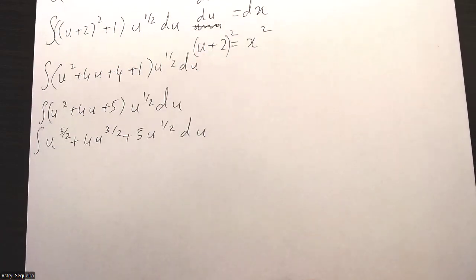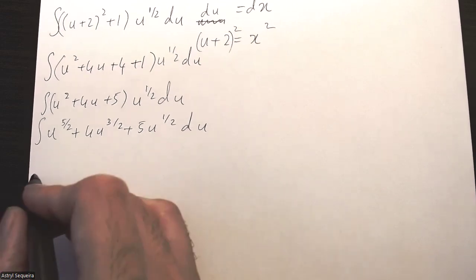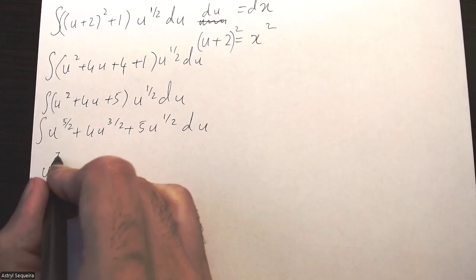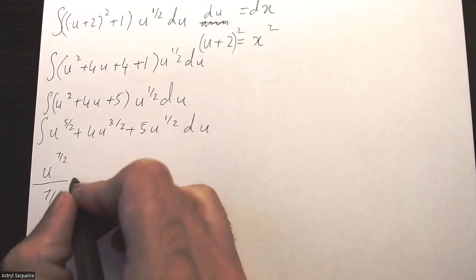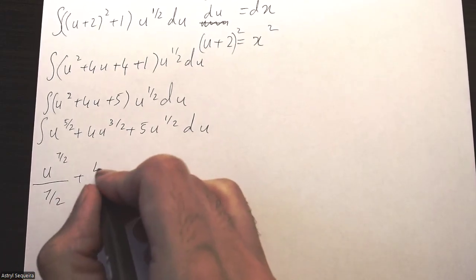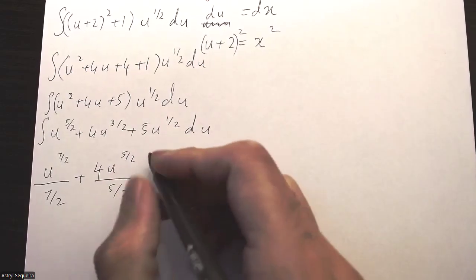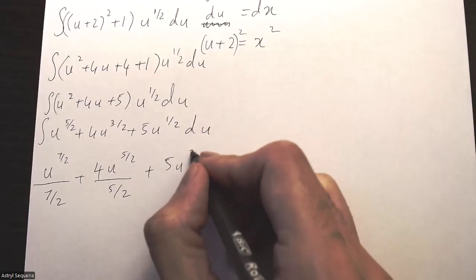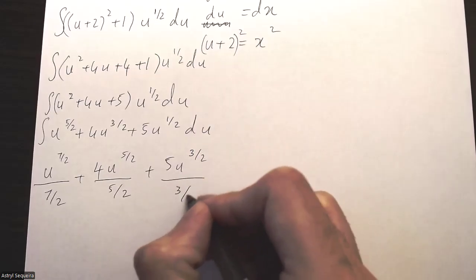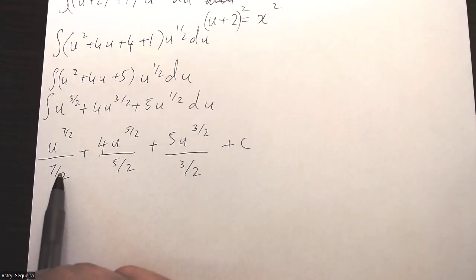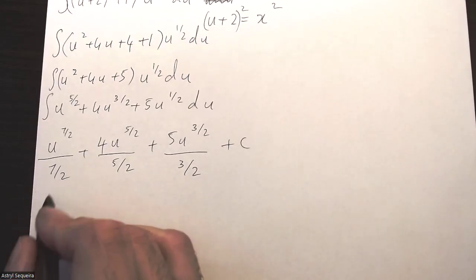Now I can integrate this. I'll have u to the 7 over 2 over 7 over 2 plus 4u to the 5 over 2 over 5 over 2 plus 5u to the 3 over 2 over 3 over 2 plus c. Just have to simplify the constants. There's nothing to simplify there. Just going to flip that.